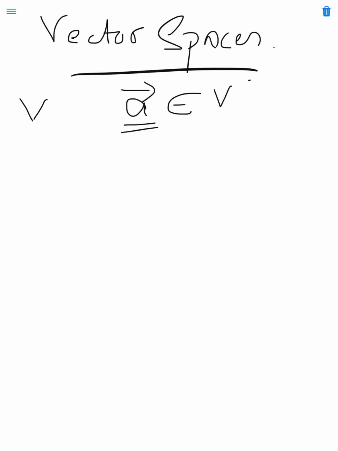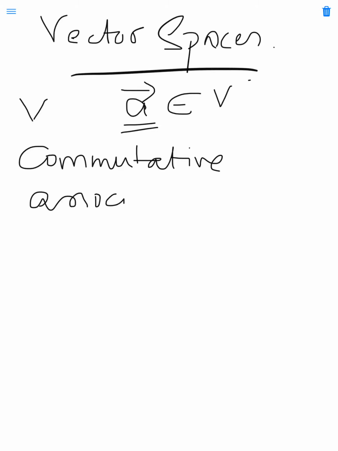Everyone is aware of the properties of the vector, like the commutative property and the associativity property with respect to the addition.